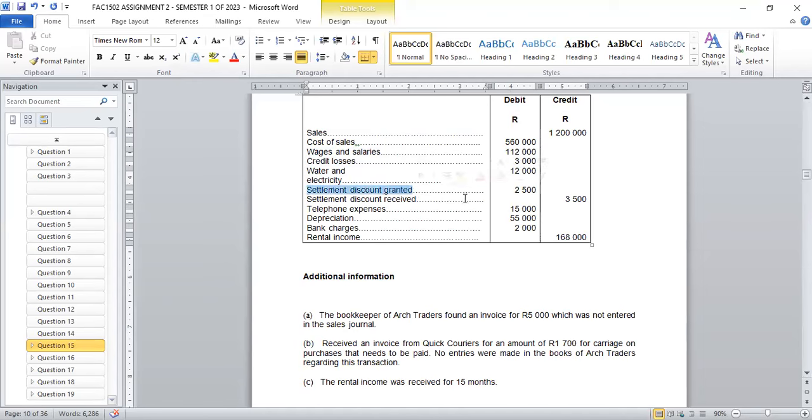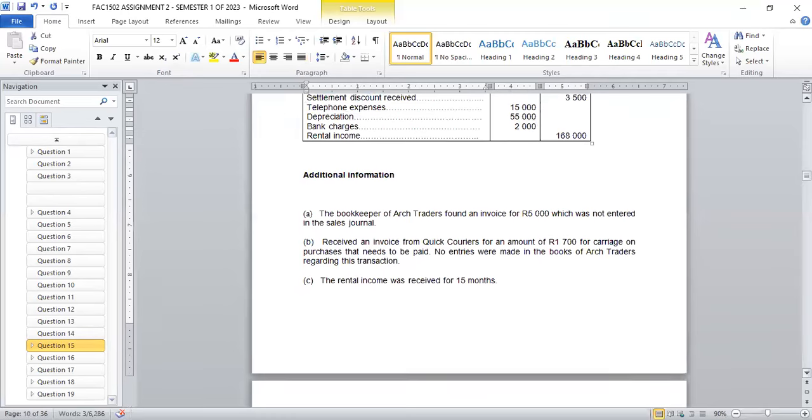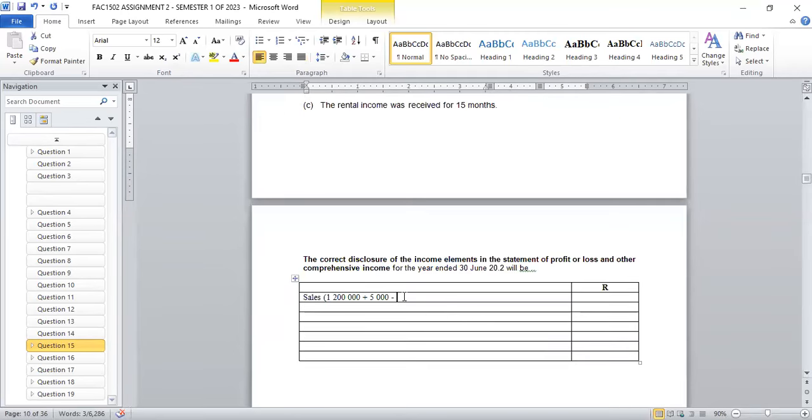So the settlement discount granted here is 2.5.